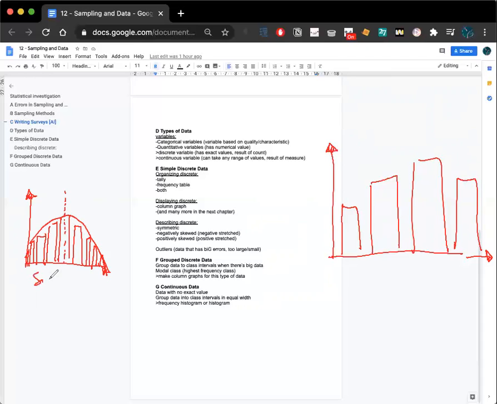This is the symmetric form. Symmetric data. And then we also have the negatively skewed data. Something like this.